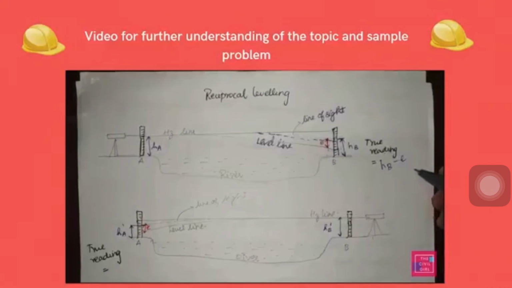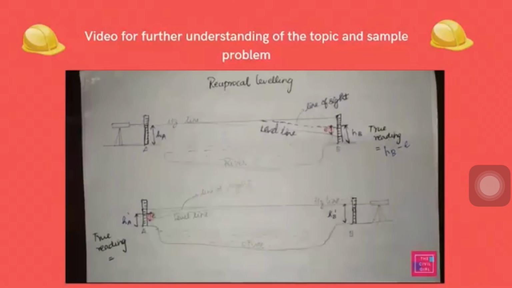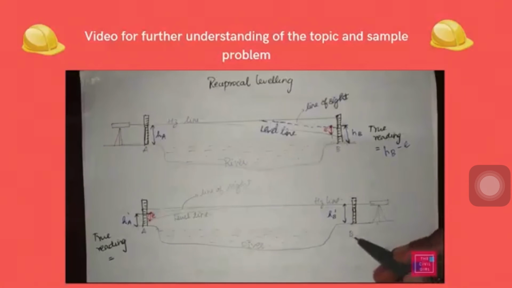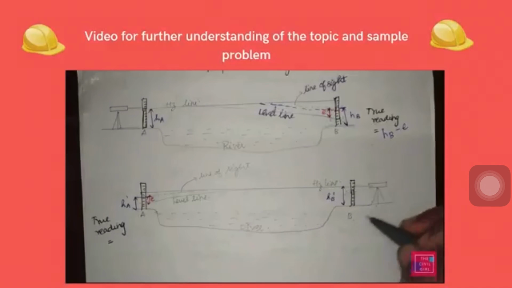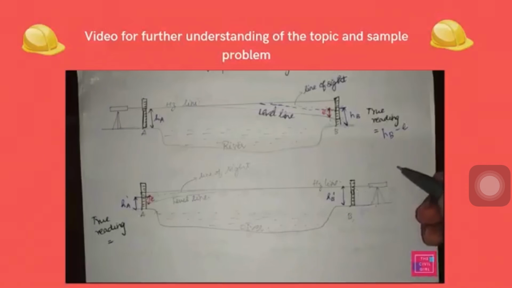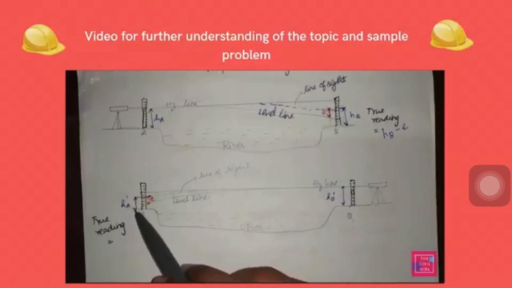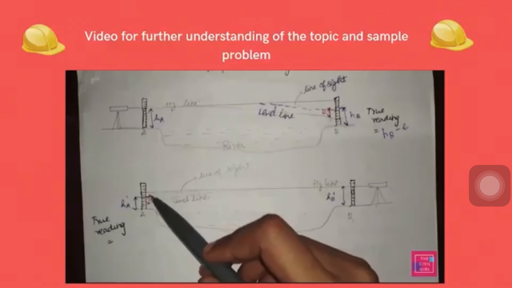Similarly, we are going to set up the leveling instrument very close to B in the next set of readings. Since I am placing the instrument very close to B, the reading which I am going to get from this staff is going to be free from any curvature error. Whereas when I take the reading on this staff, there will occur a curvature error, and therefore my true reading will be similar to this case.